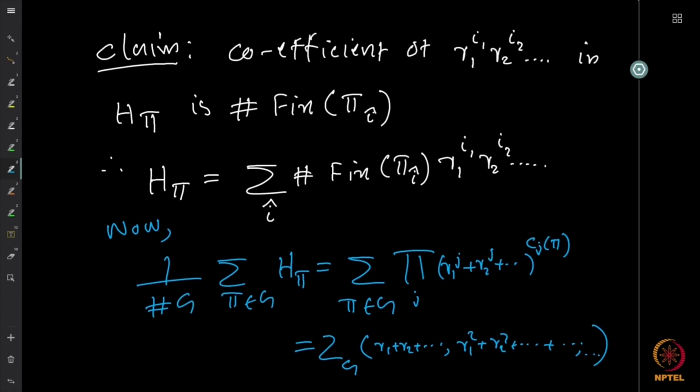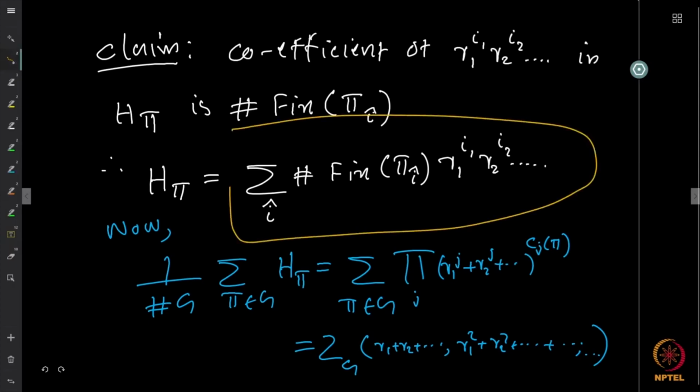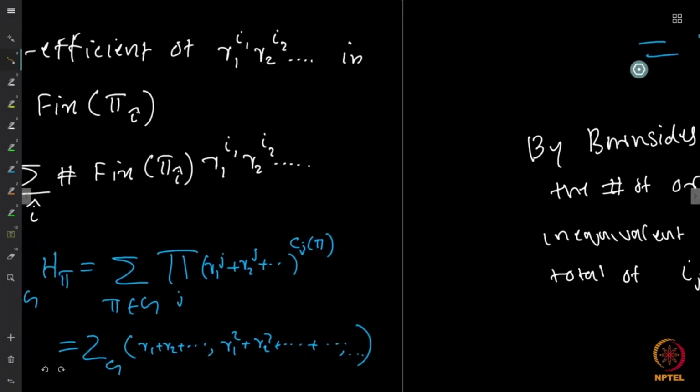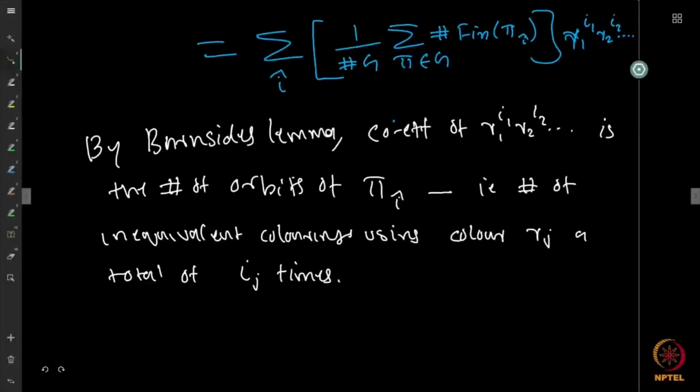Because we are substituting for h pi, where h pi is equal to the summation over all I cap of the cardinality of fix of pi I cap times r1 raised to i1, etc., in this identity. So by substituting that, we will get this.